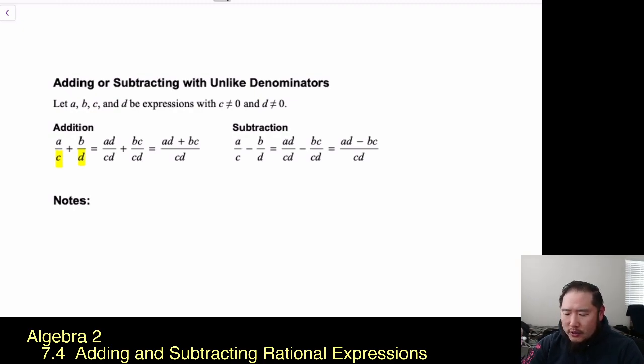Well, it's a D. So what I will do is multiply top and bottom by D. Then I take a look at the second fraction, B over D, and ask, what does the first fraction have that this one does not? And that is C. So I'll multiply top and bottom by C. Once you have your common denominators and you do your multiplication, then you can add or subtract and get your final answer.